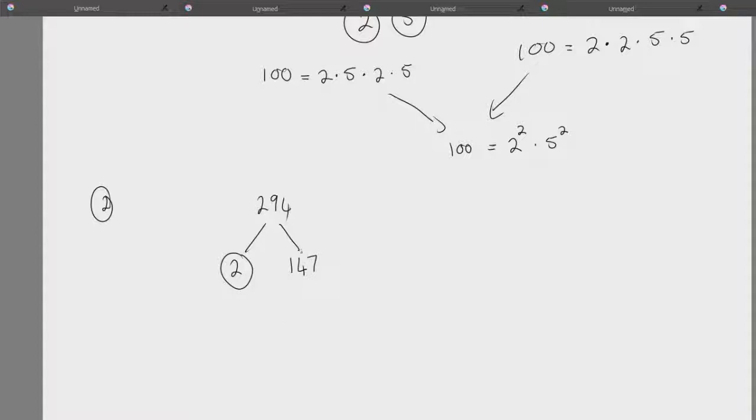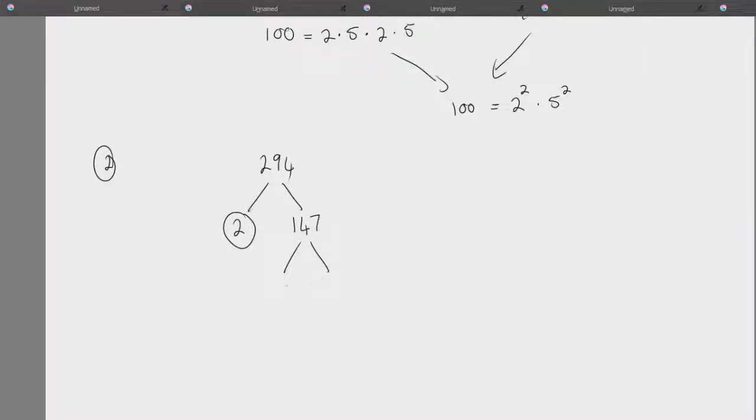Well, based on the previous chapter, we know some divisibility rules and a way to also test if this is a prime number. What can I do? Well, it's not even, but the sum of the digits, 1, 4, 7, is 12, so I know this guy is divisible by 3, maybe by some other numbers as well, but 3 is the first one I see.